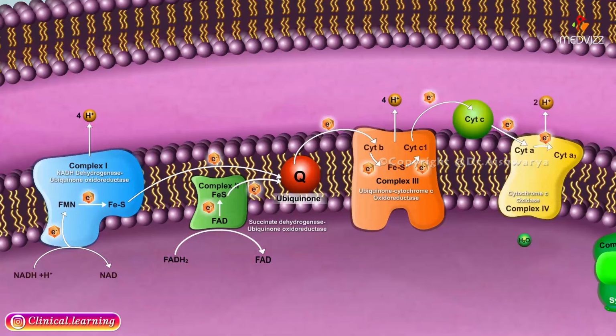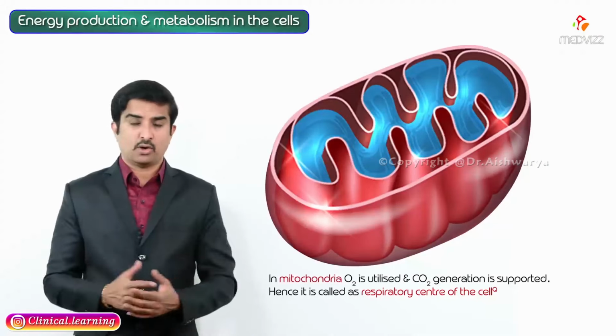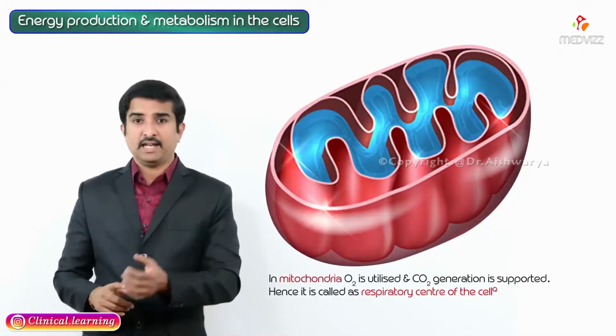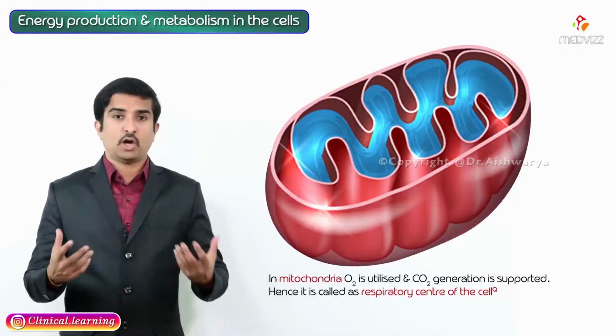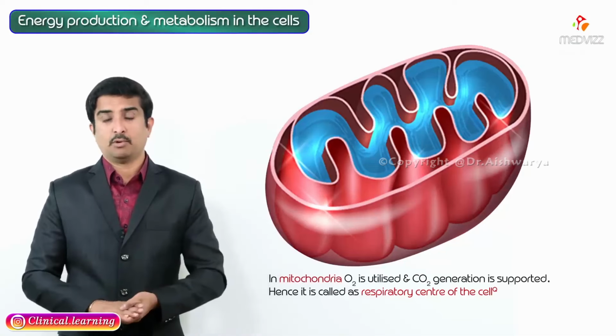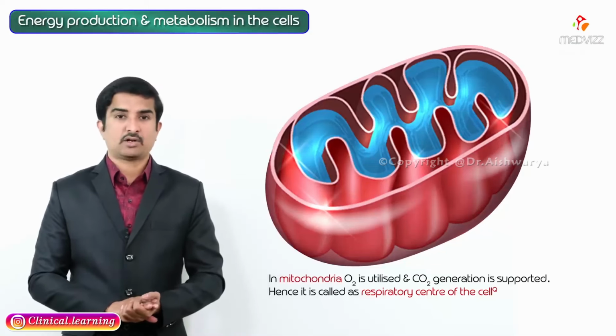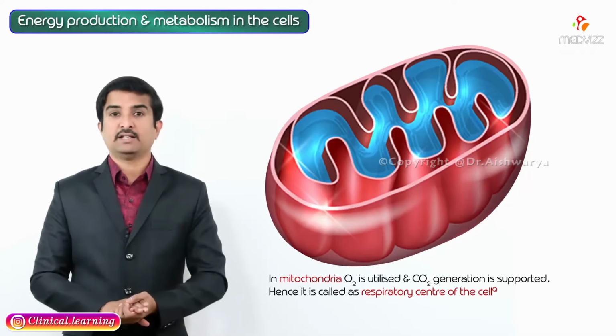This way all fuels get oxidized to carbon dioxide and water. In other words, in the mitochondria, oxygen is utilized and carbon dioxide generation is supported. Hence, it is called the respiratory center of the cell.